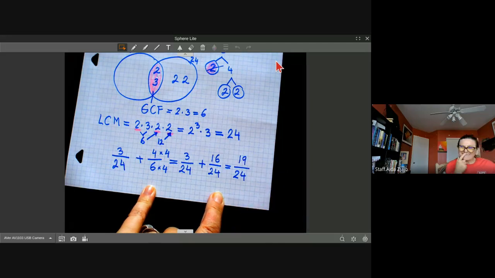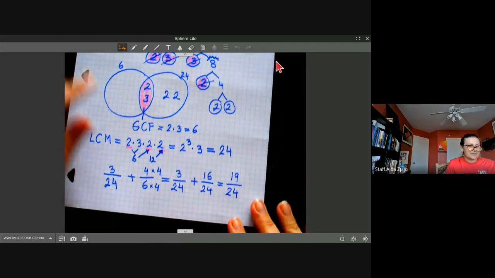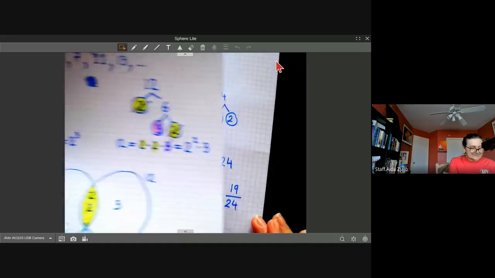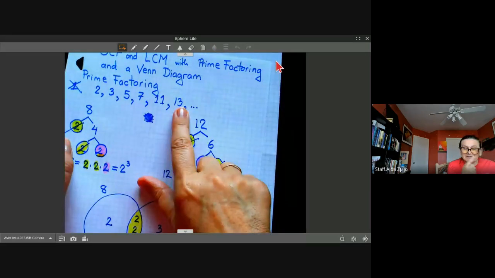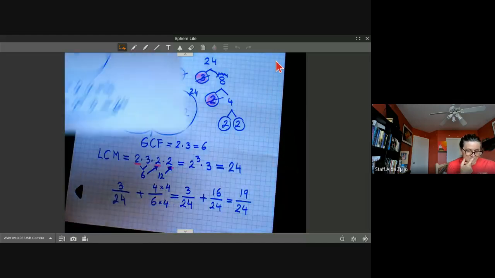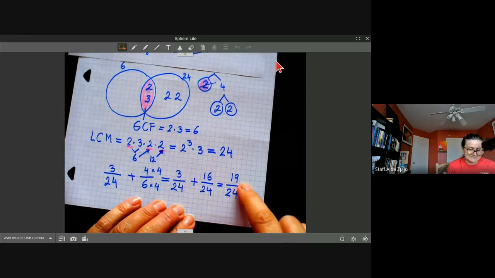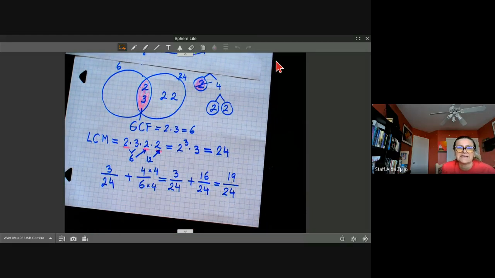And as you can see, 19 is one of the prime numbers. If you keep on going, 13, and then 17, and then 19, they are prime numbers. And I can't simplify this fraction further. It's going to stay as 19/24.